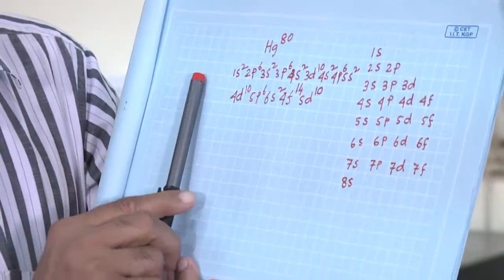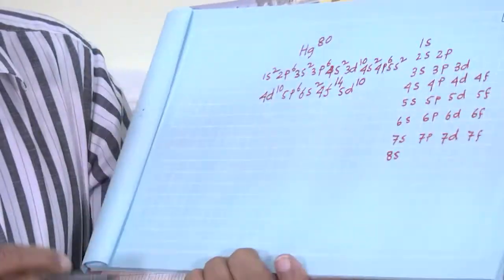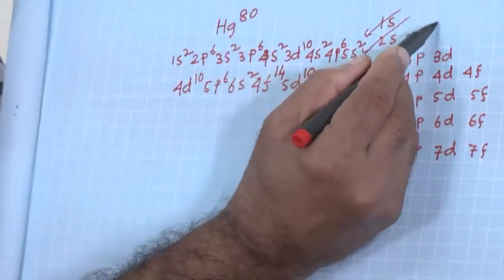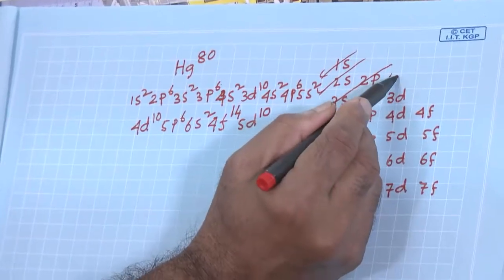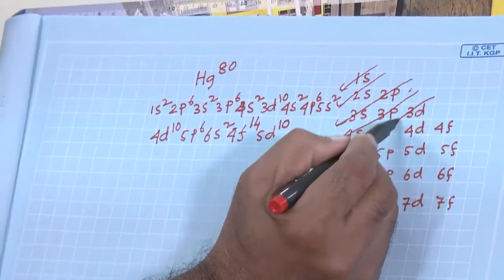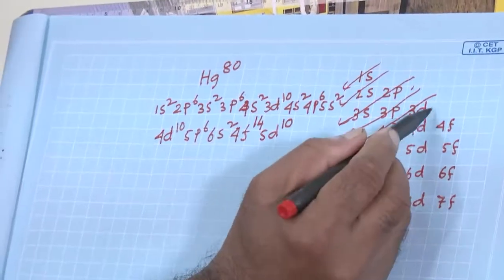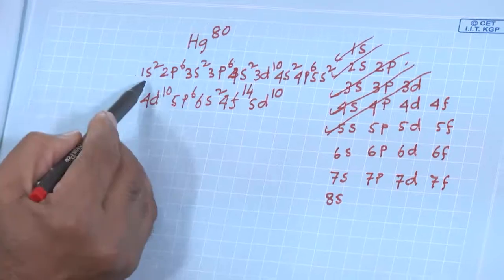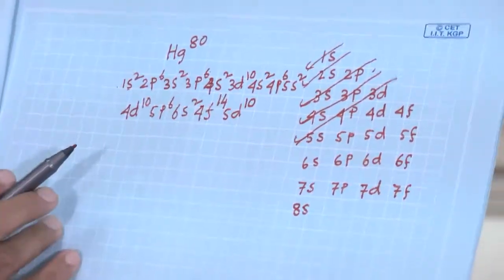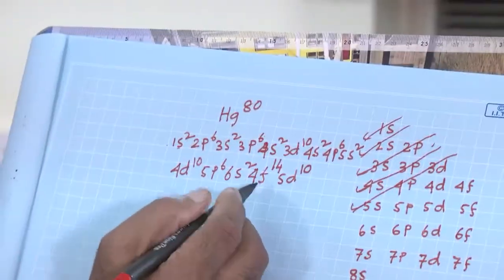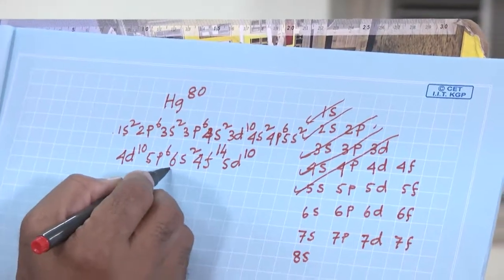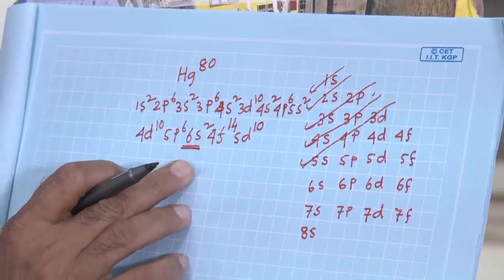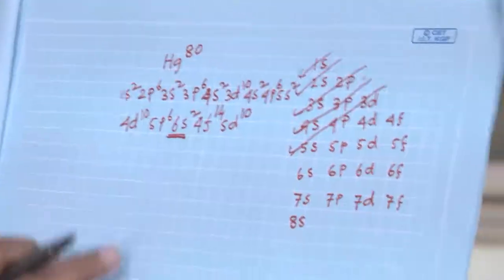So here, the Aufbau principle, how electrons are arranged in the energy levels, that you know. Here I have just put 80 electrons like this. You can see the outermost level is 6s, and these 2 electrons are there.